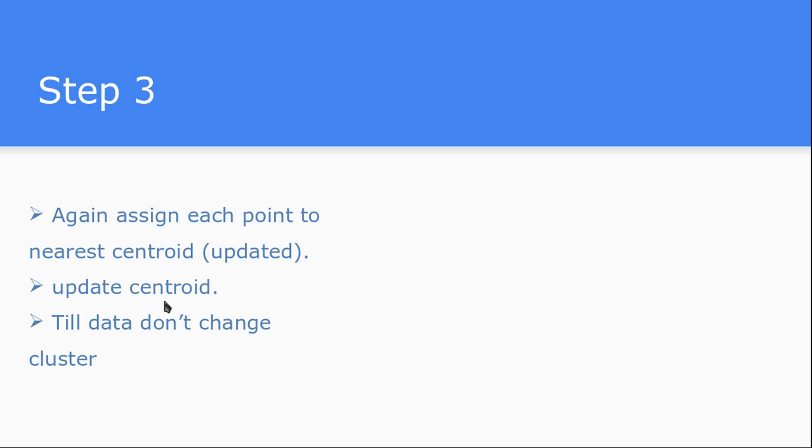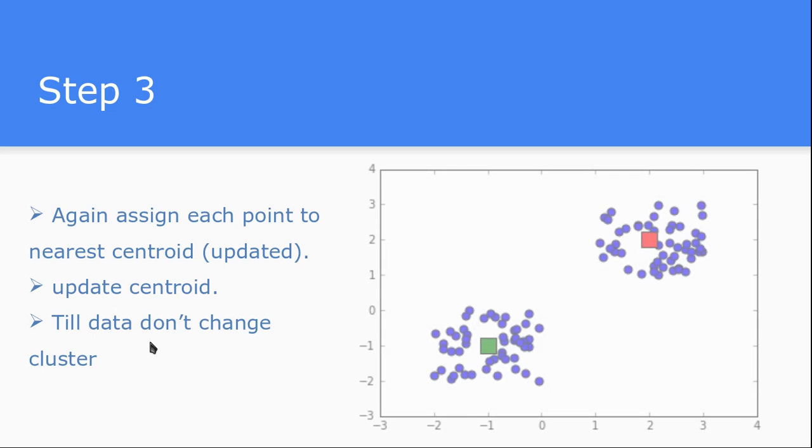Now this process will keep going until the data do not change inside the clusters. In the end we'll get one point which is the representative of the group of points that are near each other in space, and another point which is near another region of space. So this is called cluster 1 and this is called cluster 2.